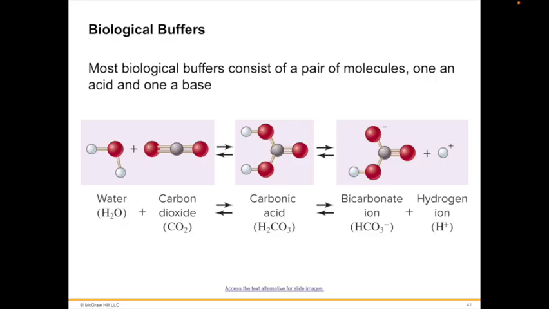These forward and reverse reactions interconvert carbonic acid and bicarbonate, stabilizing blood's pH, and it remains between 7.35 and 7.45. That is when you're at homeostasis. You all should know that and remember that.